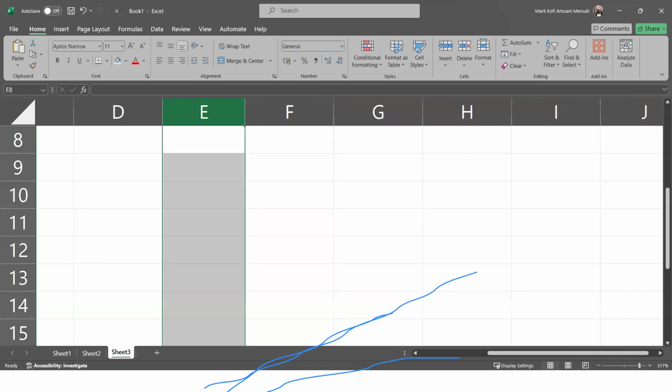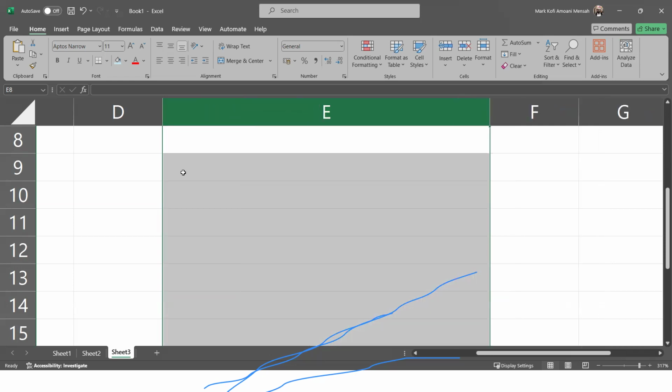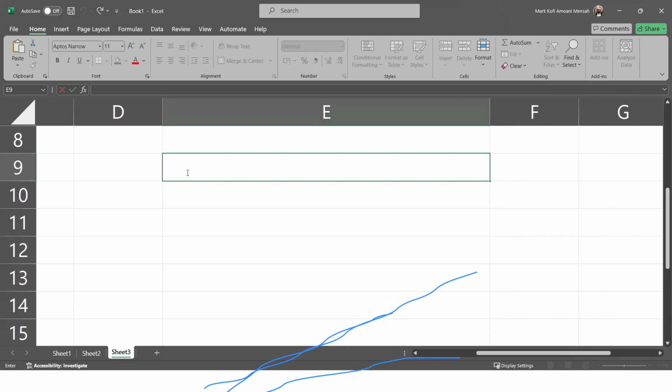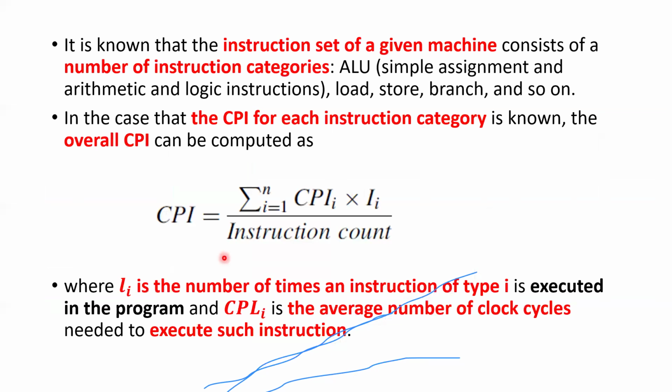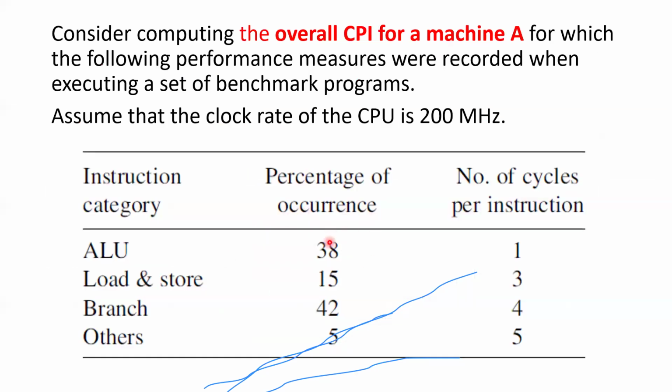For that half alone, it says that I must take the CPI and multiply it by the number of cycles it spends per instruction, which is denoted by I. So for our question, it says that the percentage is 38.